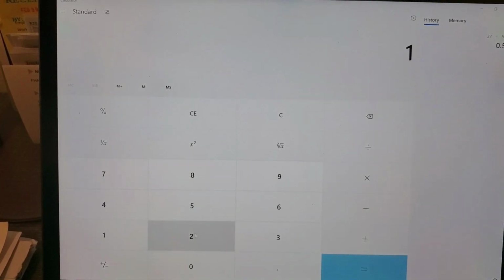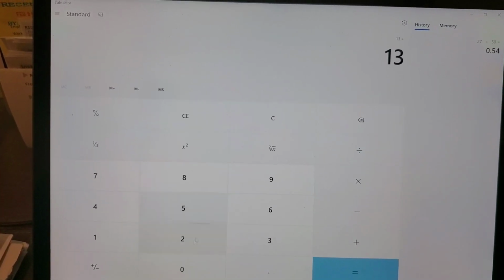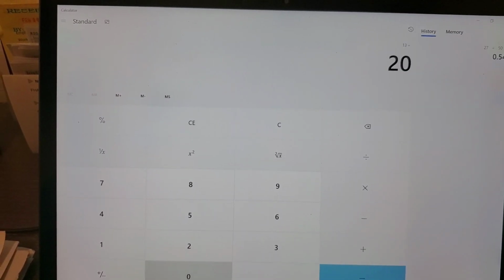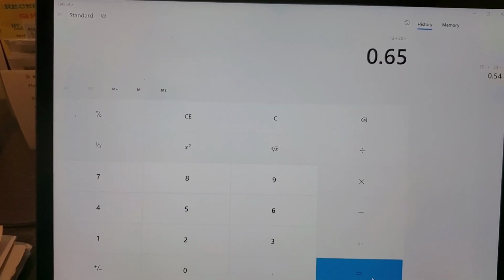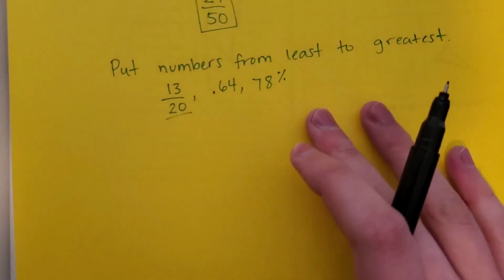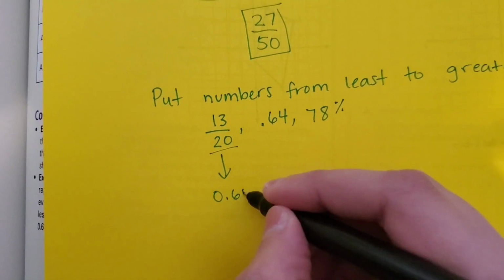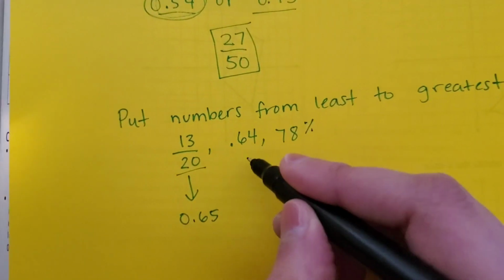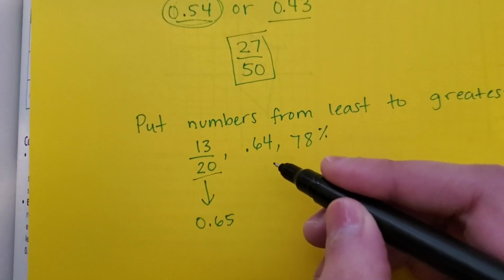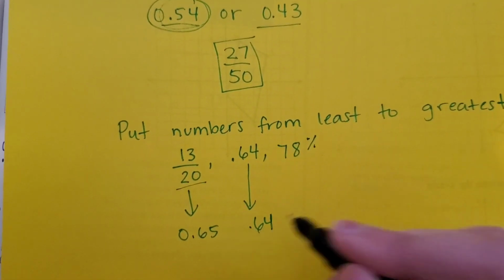So 13 divided by 20, my denominator, equals 0.65. My decimal is already in decimal form, so that one stays the same, 0.64.